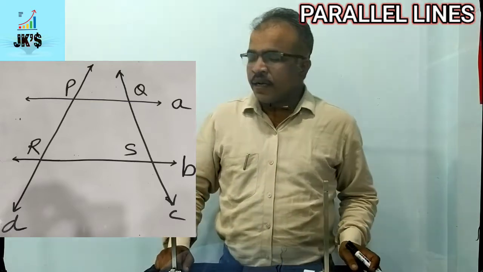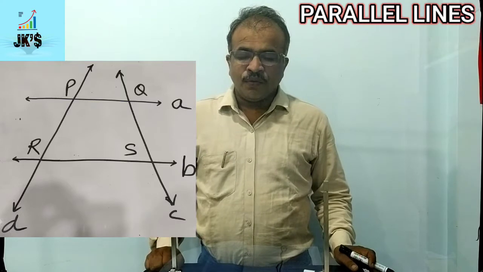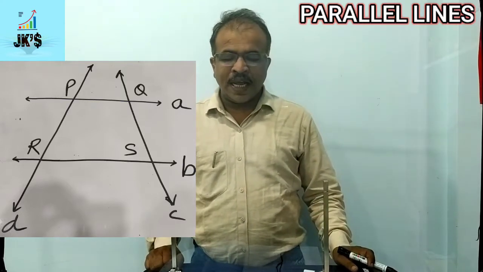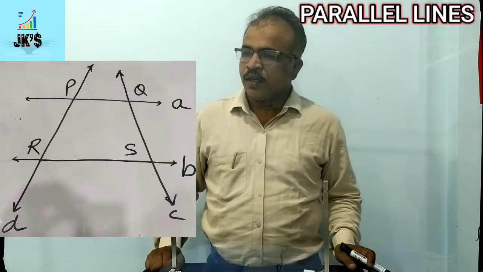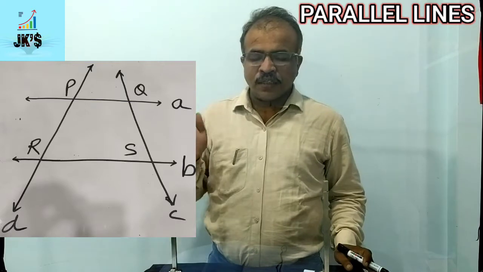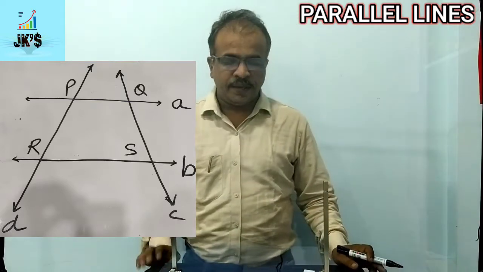The line PR is known as line D, which intersects the lines A and B. Hence line D is a transversal, and another line, line C, is also another transversal of the lines A and B.